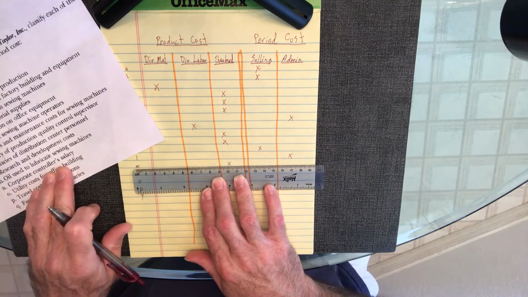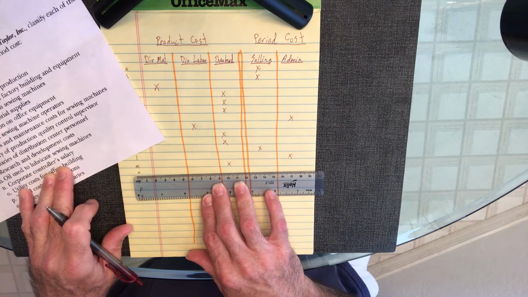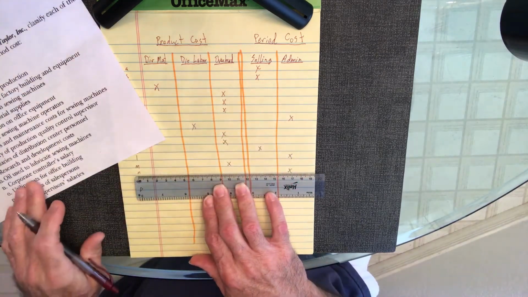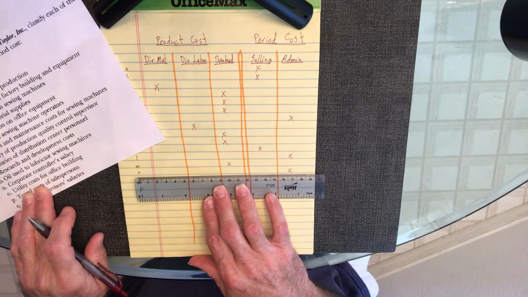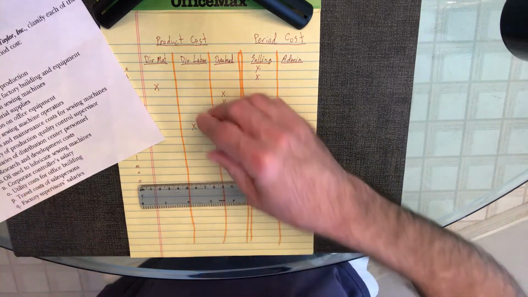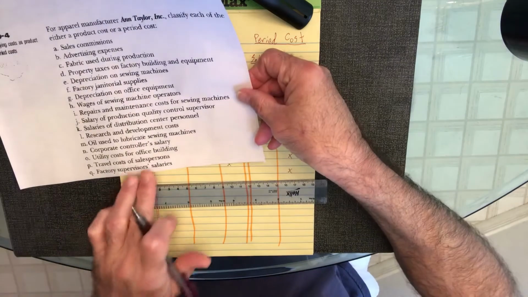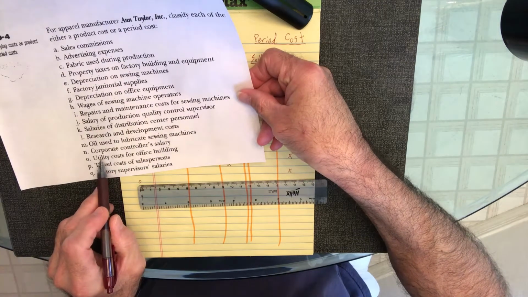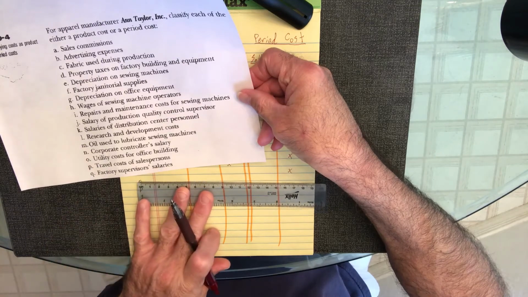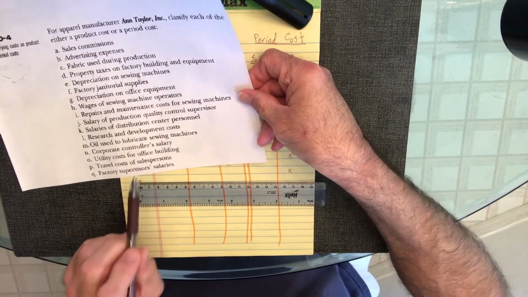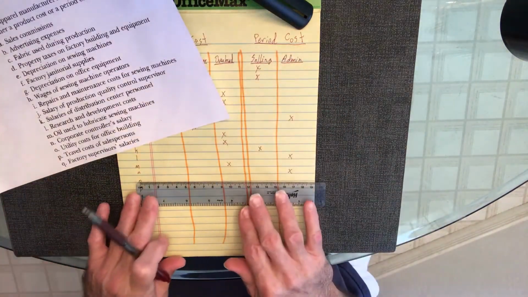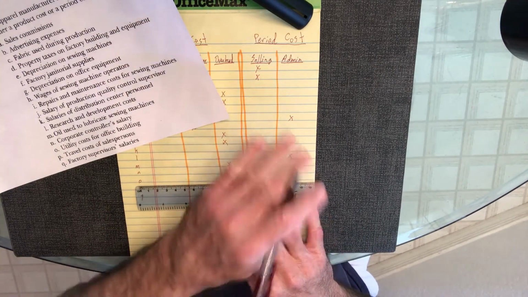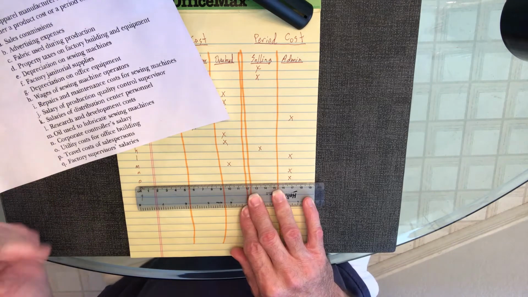Corporate controller salary, well, that guy's going to be in the corporate headquarters, so it's going to be administration. Letter O, utility cost of office building. So again, folks, read the fine print, because you do have utility costs for the factory as well. They both have utility costs. So if this is for the office building, we'll put that under administration. It could also be for selling, but we're going to throw it all under administration for now.